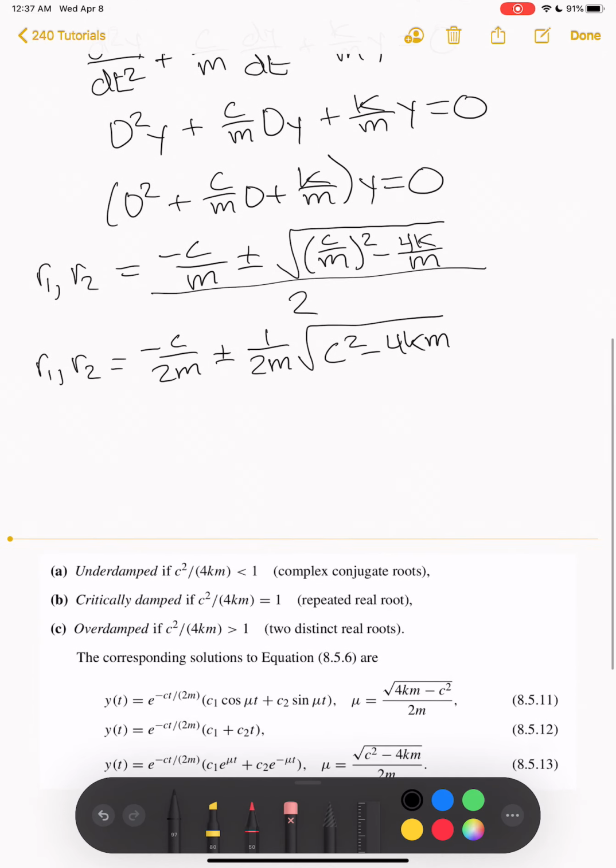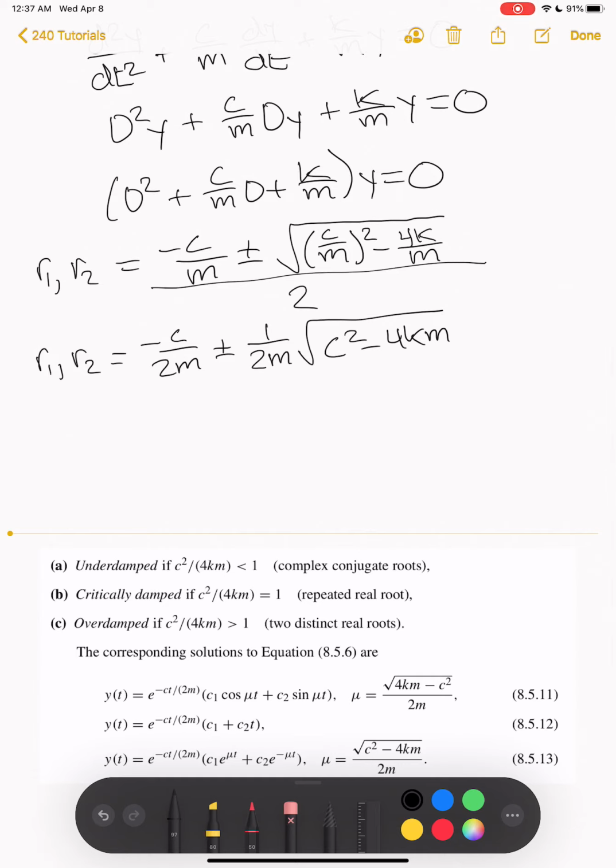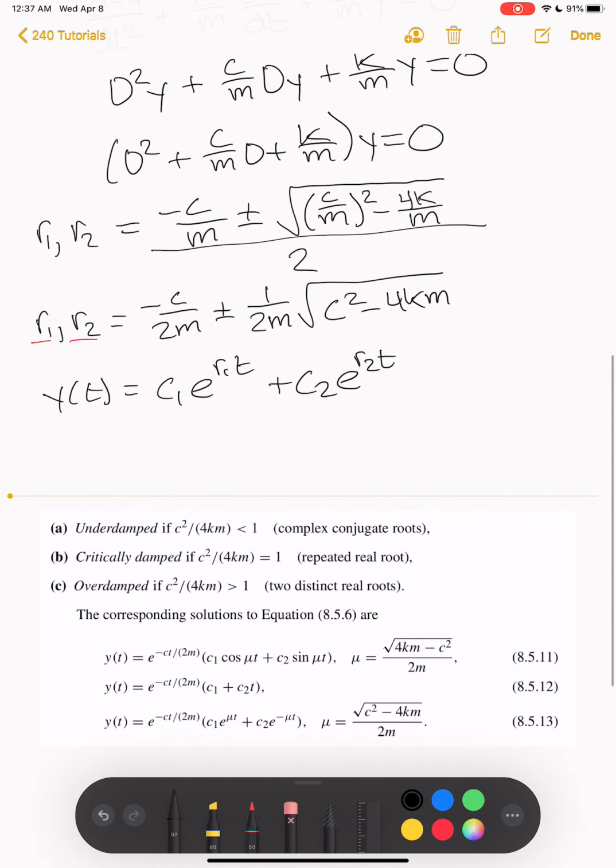And then we have these roots to our polynomial differential operator, R1 and R2, so those just become what we put in for our solution. So we have y of t equal to c1 e to the r1 t, plus c2 e to the r2 t. So this is just where our solution goes. But as you can see here, we have this radical.